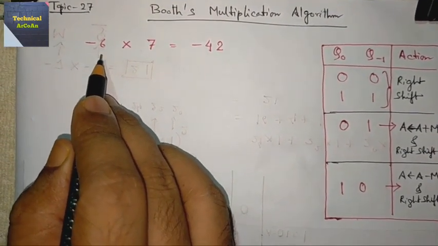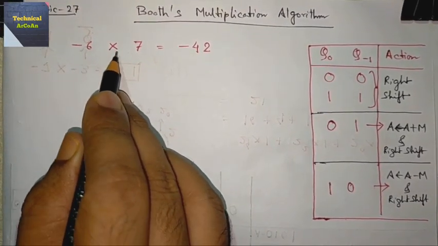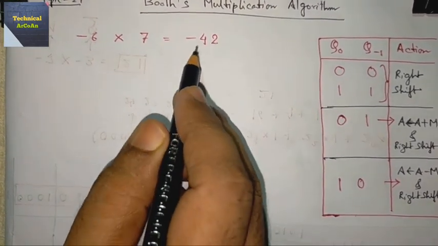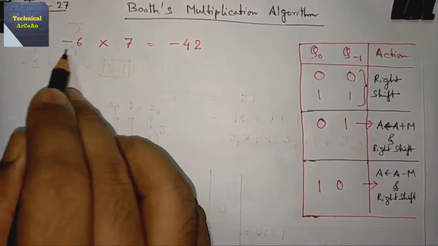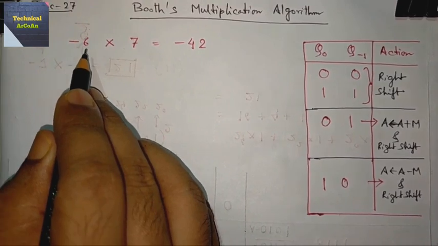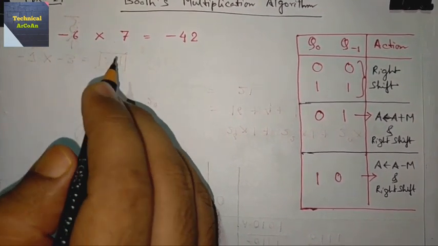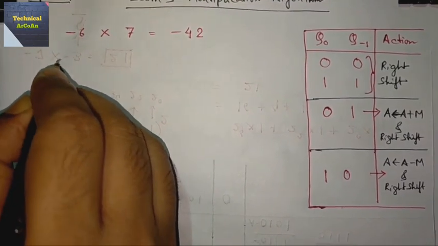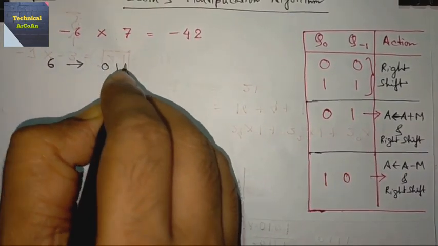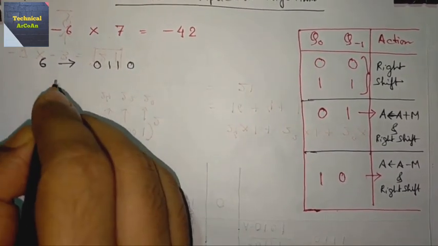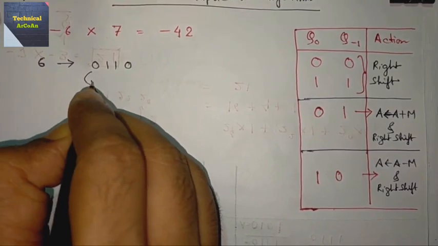We are doing Booth's multiplication algorithm using these two numbers, -6 multiplied by 7, and we got -42. So this is a minus. When a negative number is there, this negative number is represented by 2's complement. So your 6 in binary is 0 1 1 0. Now as far as 2's complement is concerned, at first we do 1's complement.